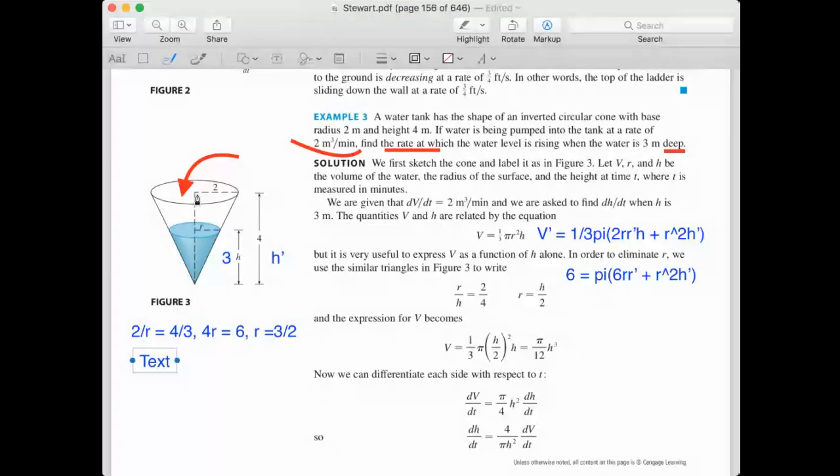Let's also use the Pythagorean theorem. Pythagorean theorem is saying, okay, let's use R and H. So this side is R, this side is H, right?